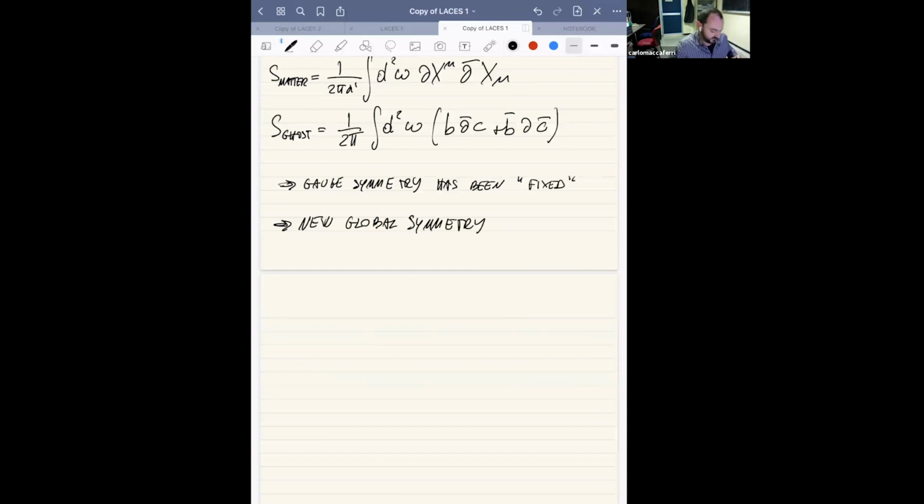This has nothing to do with string theory in particular, but every time I quantize a gauge theory using this method, I end up with a gauge fixed action with a ghost action, and this coupled system, matter plus ghost, doesn't have the gauge symmetry anymore, of course, but it has a new global symmetry. This new global symmetry, as many of you know, is called BRST symmetry.